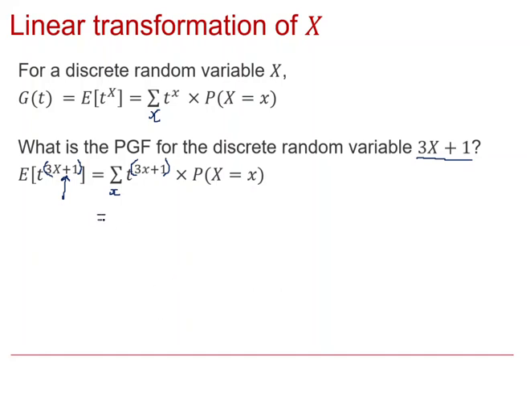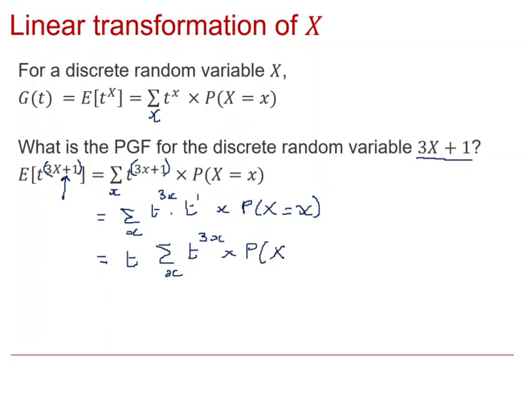We can think about this summation and simplify it a bit by writing t to the 3x plus 1 as t to the 3x multiplied by t to the 1, multiplied by P(X = x). Because we're summing over x, the t has no x involved in it, so that can be taken out of the summation.